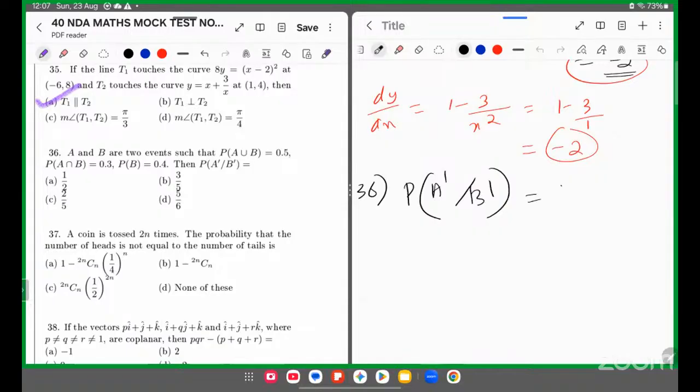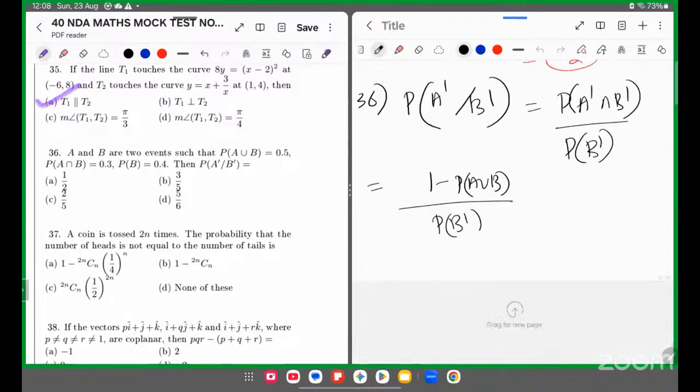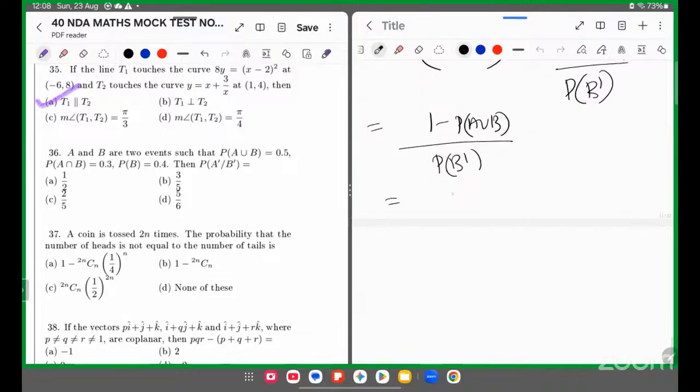This can be written as P of A complement intersection B complement divided by P of B complement. And P of A complement intersection B complement is actually 1 minus P of A union B, divided by P of B complement. So 1 minus 0.5 becomes 0.5, and P of B complement will become 0.6. So the answer will be 5 by 6, option D.